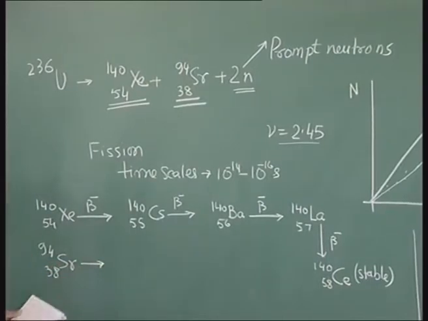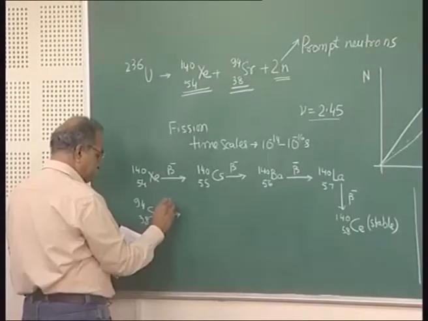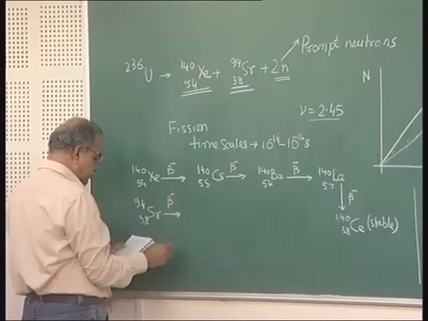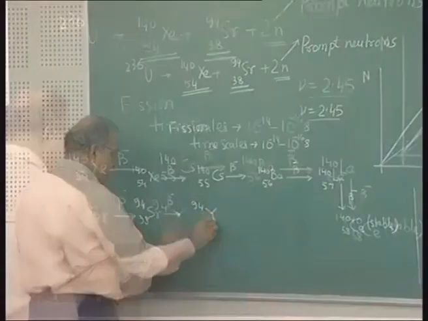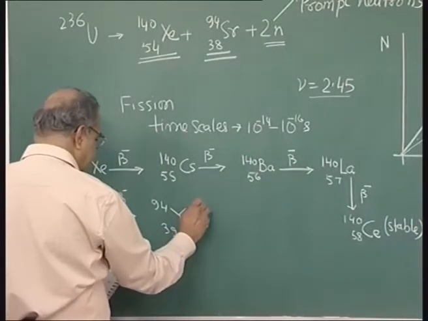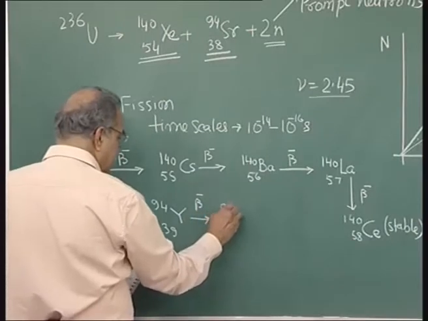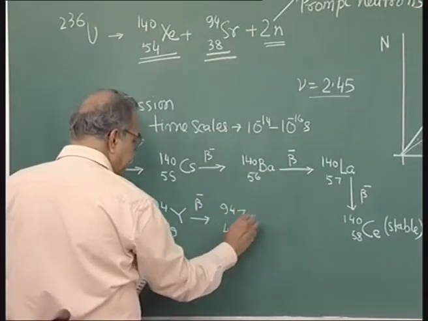This also has excess neutrons. So, this beta decays to 94 Y yttrium and that beta decays to 94 zirconium and this is stable.